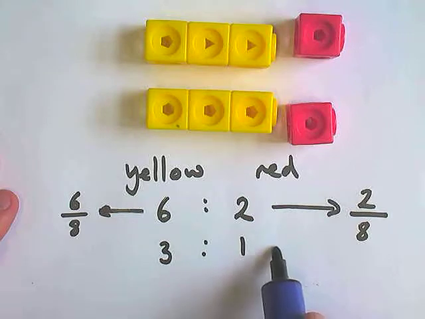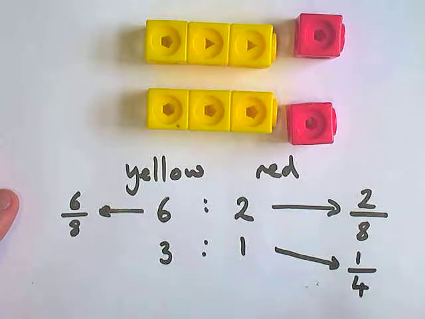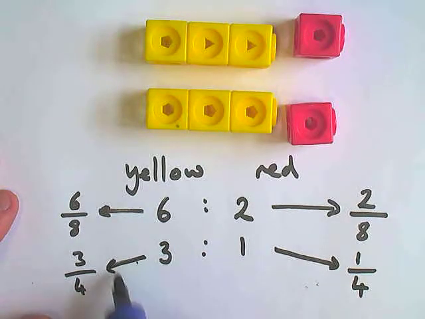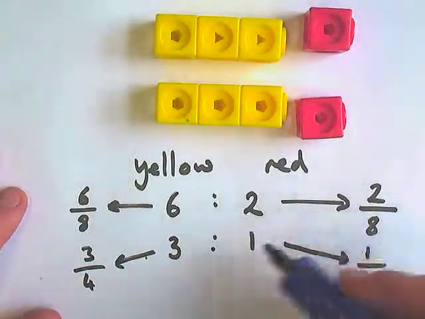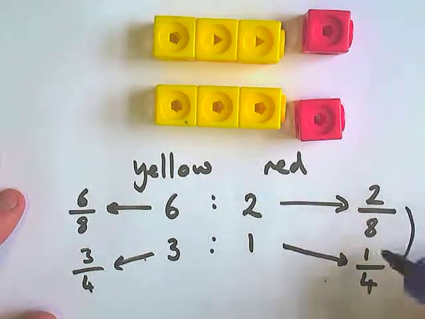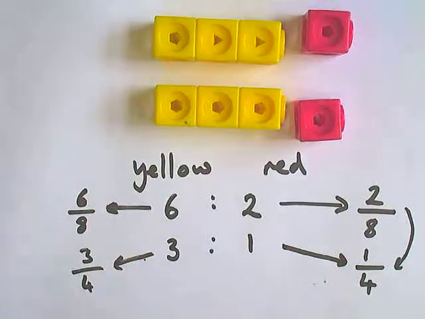Let's have a look at the fractions for that one. That's 1 out of 4, and that's 3 out of 4. So we've got 1/4 and 3/4. And notice how we've halved both the numbers, and we've cancelled the fractions by dividing by 2 as well. Half of 6 is 3 and half of 8 is 4.